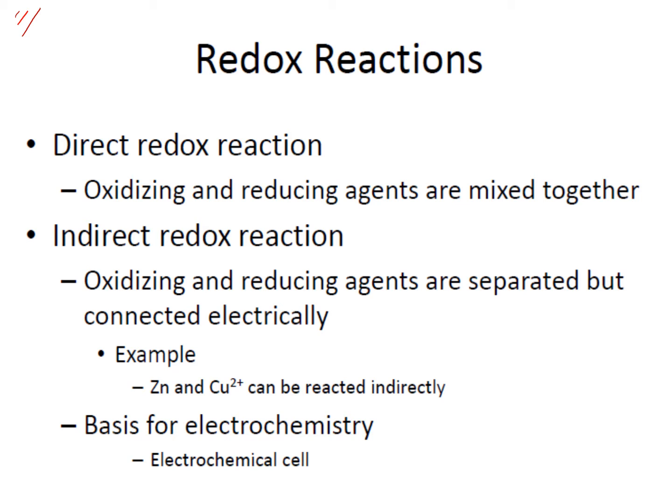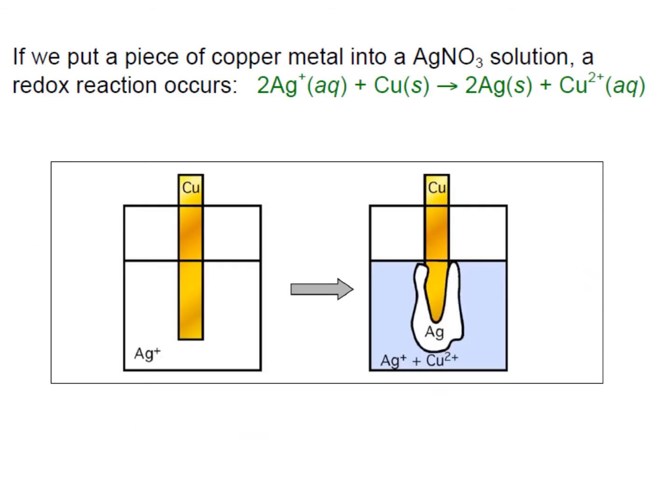So this kind of setup is actually the basis for electrochemistry. This setup, referring to the indirect redox reaction, is what we call the electrochemical cell.